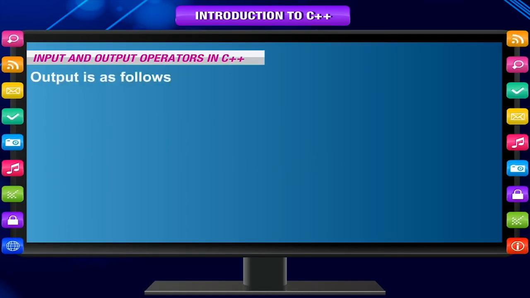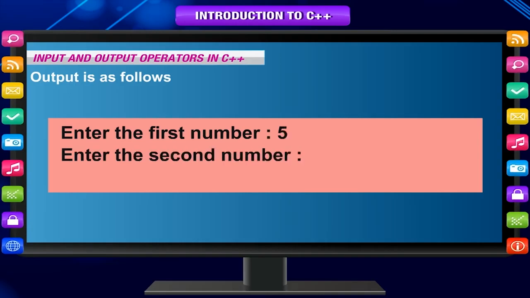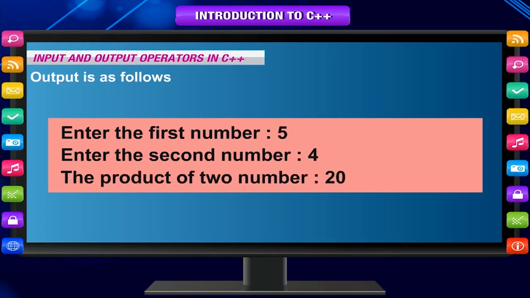Output is as follows. Enter the first number: 5. Enter the second number: 4. The product of two numbers: 20.